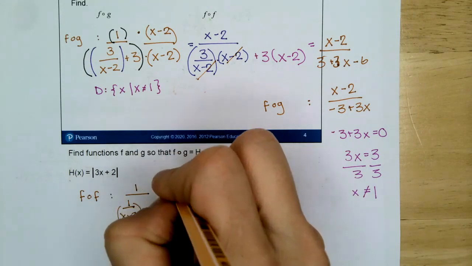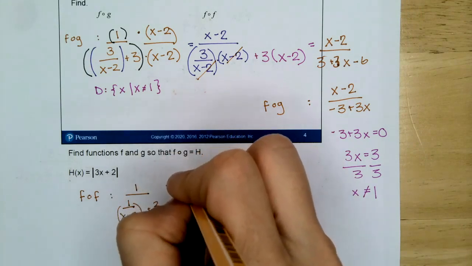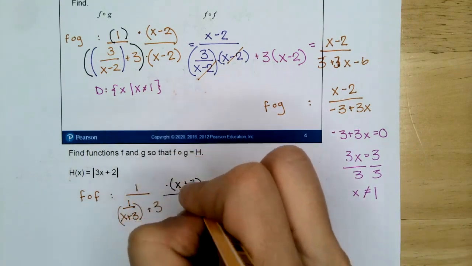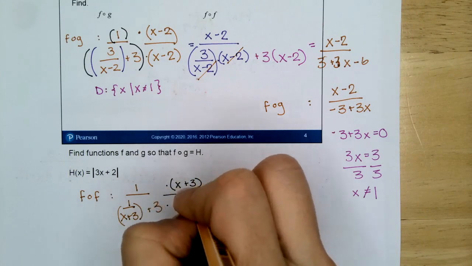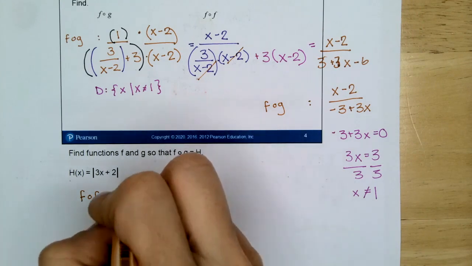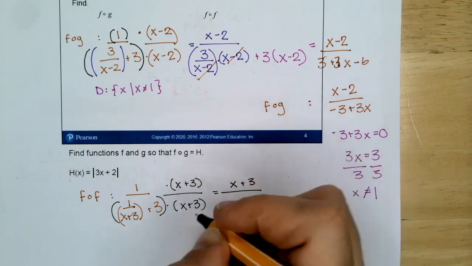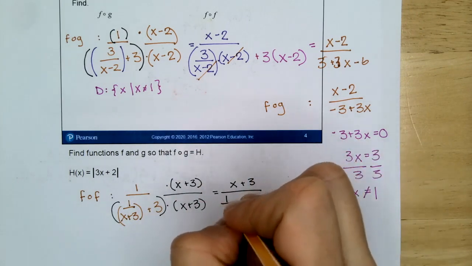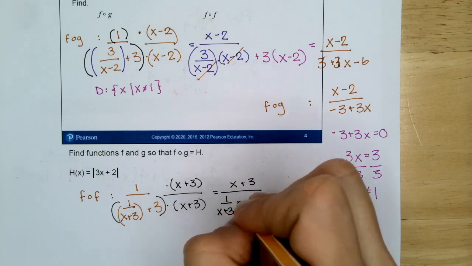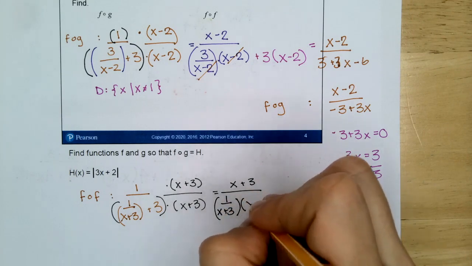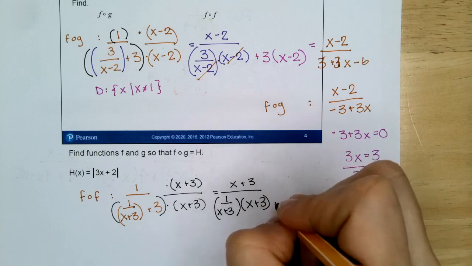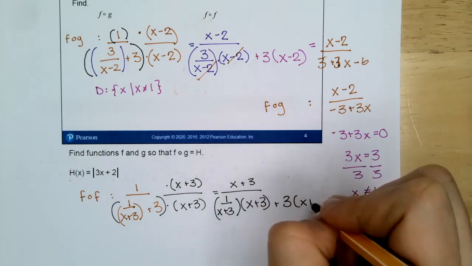Obviously, we need to multiply both the top and the bottom by x plus 3. So you get x plus 3 on the top. On the bottom, 1 over x plus 3 times x plus 3 plus 3 times x plus 3.